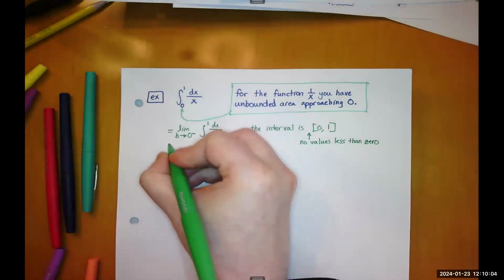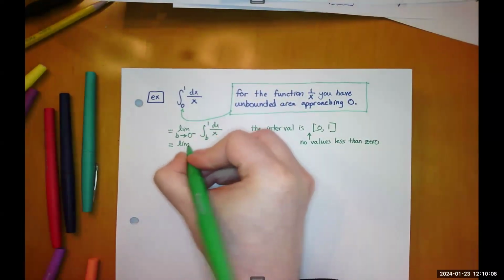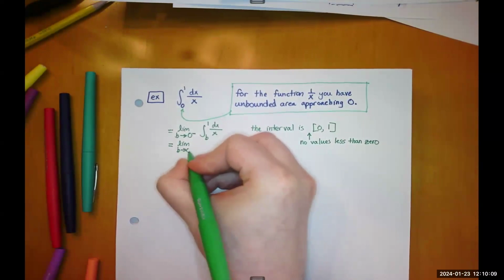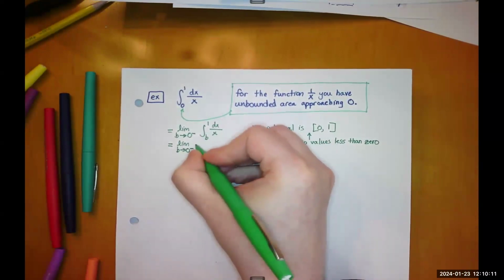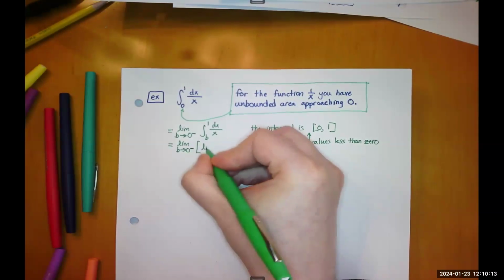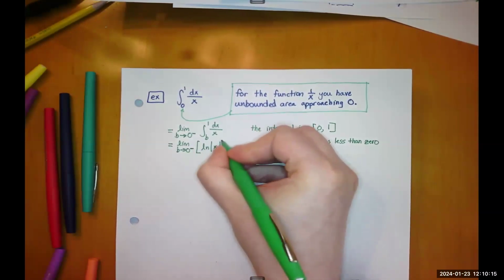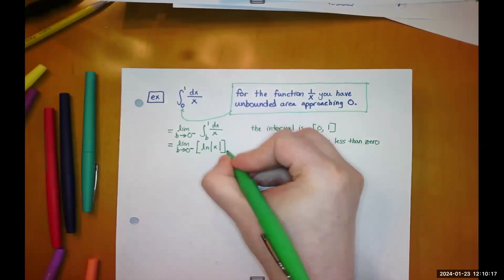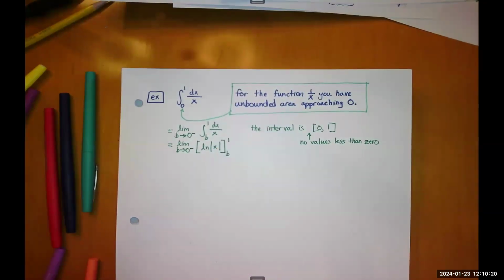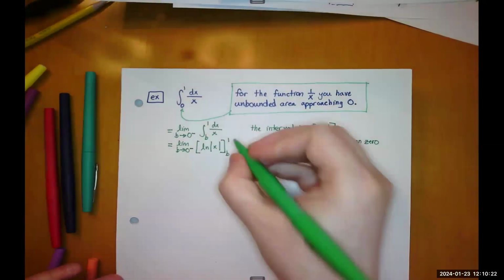So with that being said, we have the limit as b approaches 0 from the left. The antiderivative here is the natural log of the absolute value of x. We're evaluating from b to 1 this time.